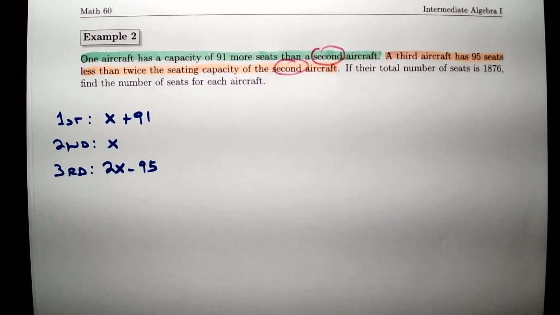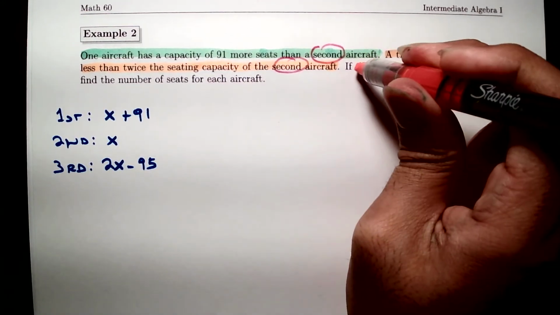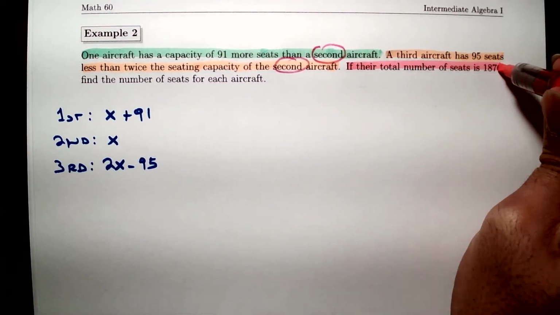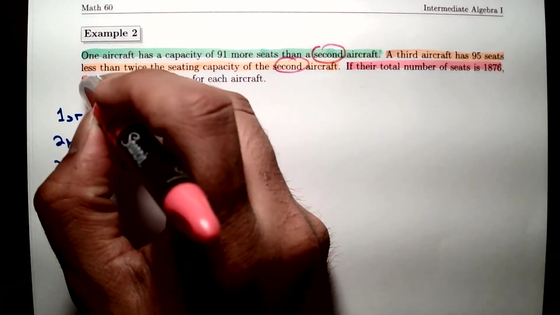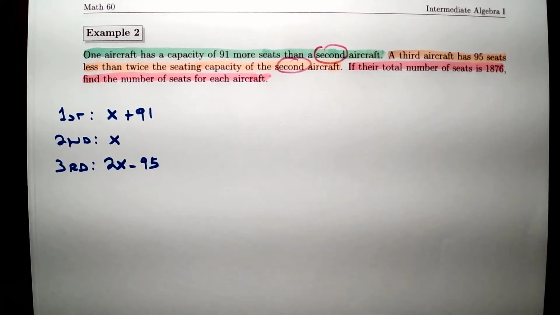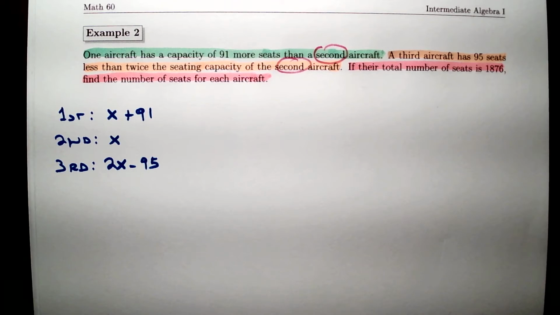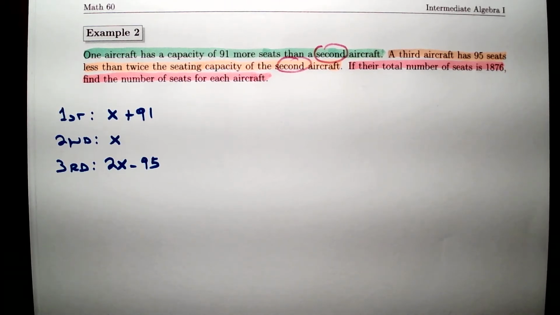So in this case, the very last piece of information is telling us that if we combine all the seats together of the three aircraft, then we are going to have a total of 1,876.